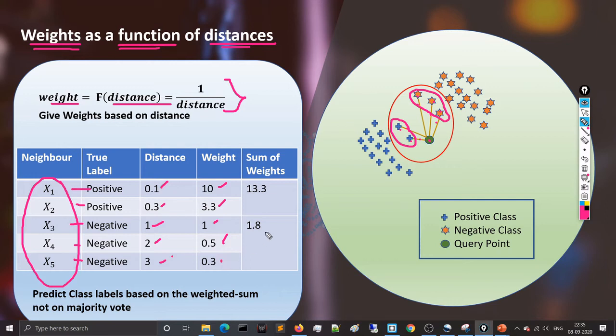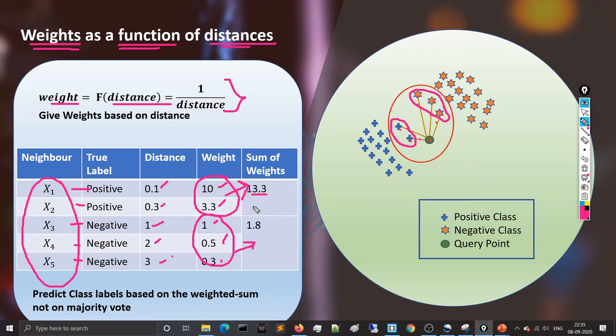Now we will do the majority vote, kind of, not exactly the majority vote. We will do a weighted sum. For the positive class, we will take all the weights from the positive class and do a summation. We will take all the weights from the negative class and do a summation. Whichever summation is more, we will consider that class.